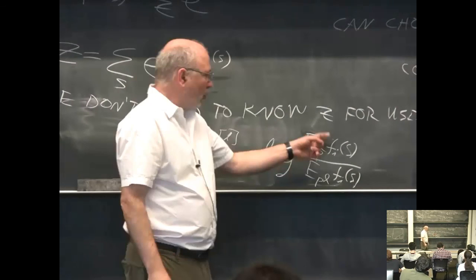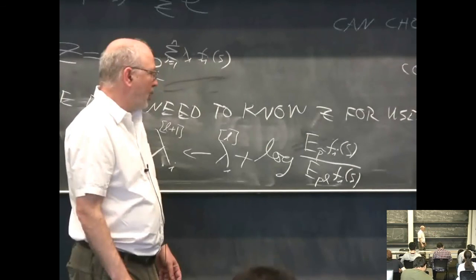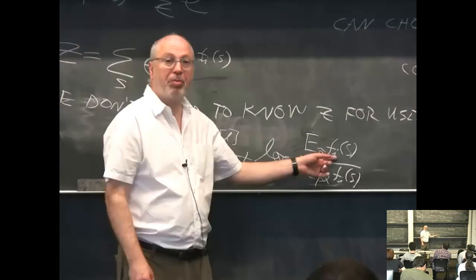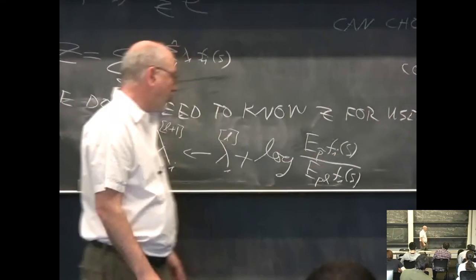The top here is fixed. It's just the empirical prevalence of the feature in the data. The bottom is not, and I forget why I don't need it.